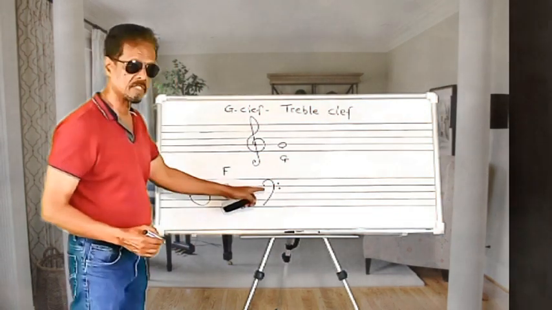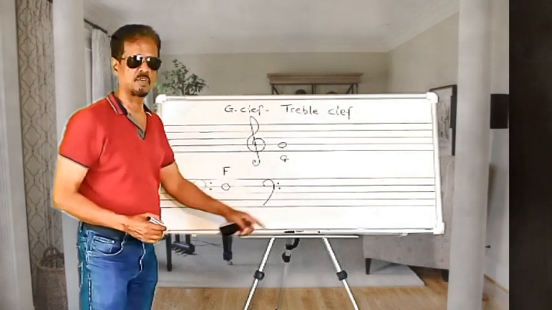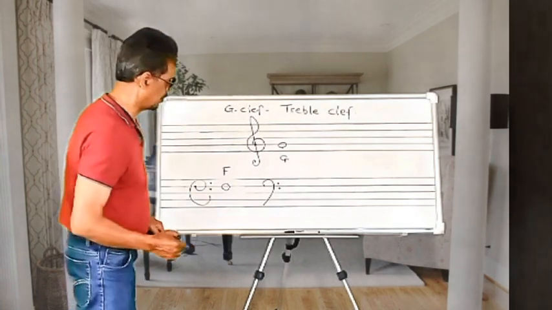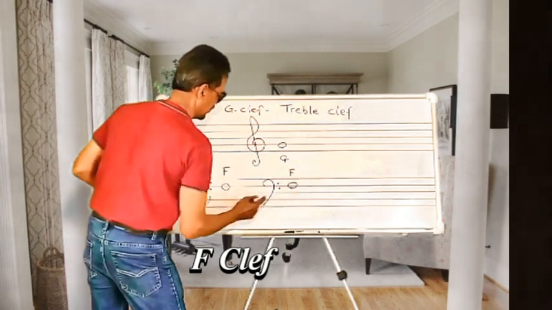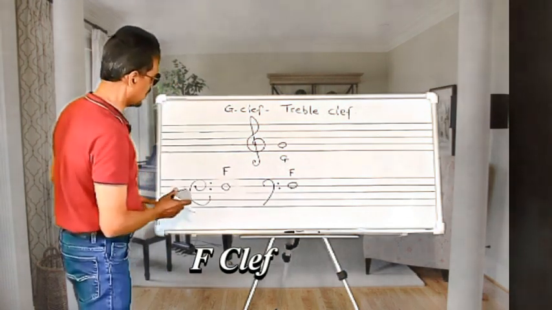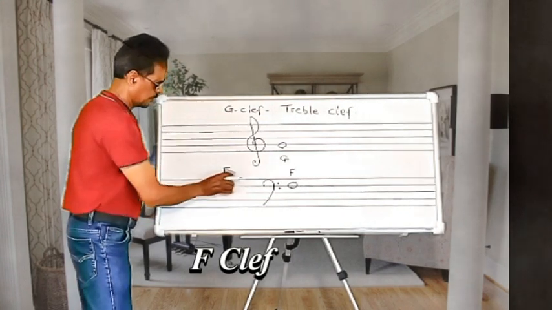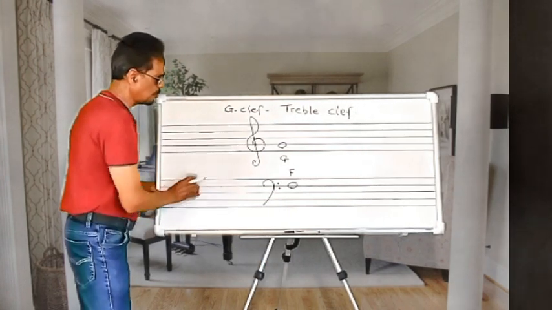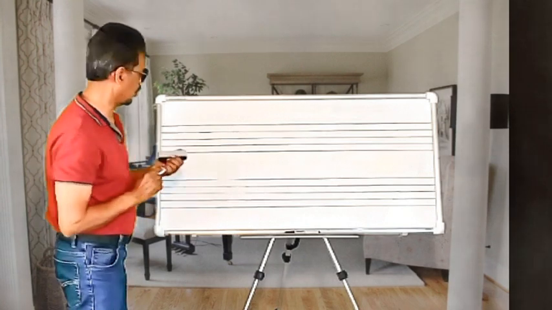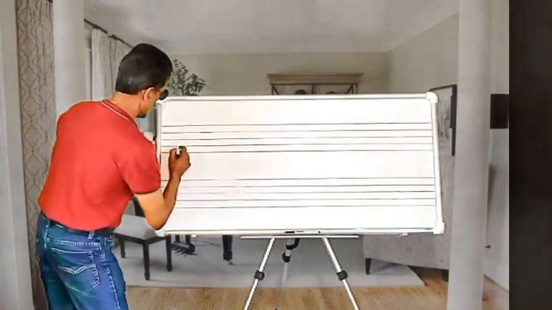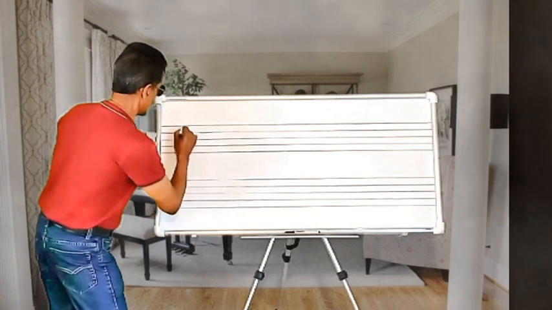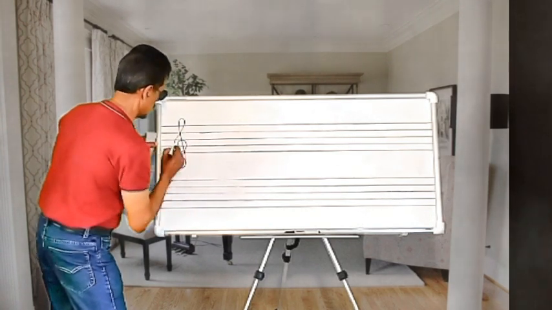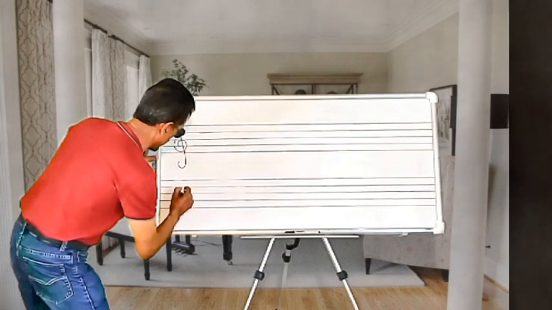It is these dots that fix the name of this note, which is the F. This you will never use. We skip it. So we will have our G clef here and we will have our F clef here.